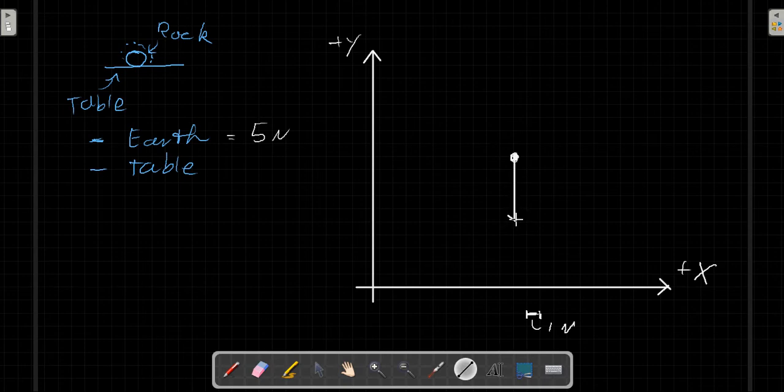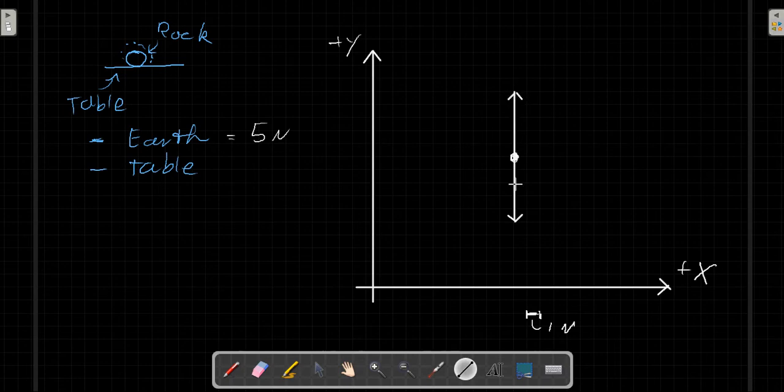Now we use this grid to add a little bit of quantitative, numerical data to our force diagram. We'll do the same thing up here. Since this object is in equilibrium, we know that the force exerted upward is the same as the force exerted downward. It's balanced, so 1, 2, 3, 4, 5.